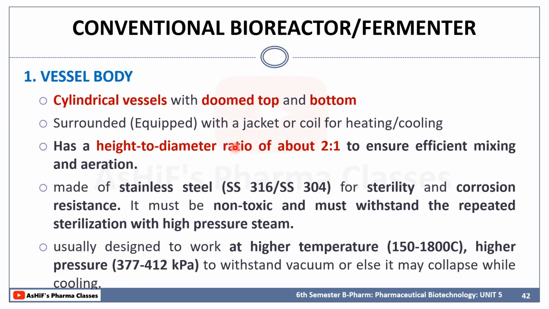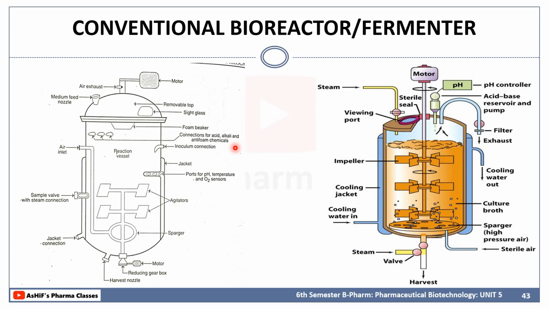Before starting with the parts, I want to introduce the fermenter. This is a basic structure of the fermenter. This is a vessel which is made up of corrosion resistant metals like stainless steel with a domed shape, which means it is curved at the top and bottom. So the basic structure is a stainless steel vessel of domed shape, where the top and bottom portions are curved. Why are we keeping this domed shape?